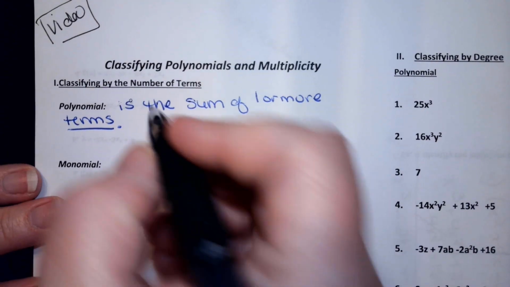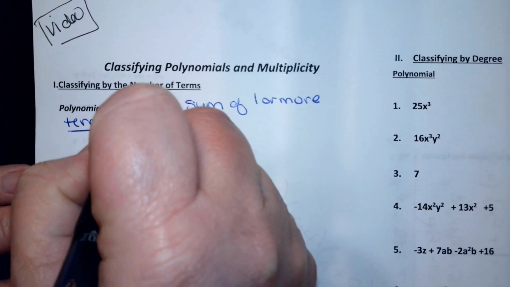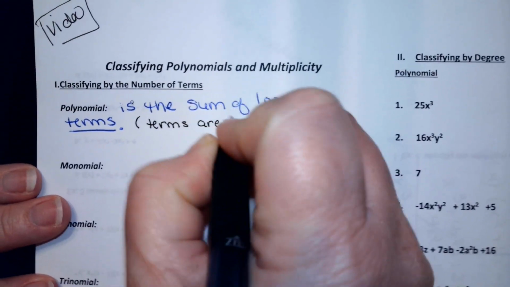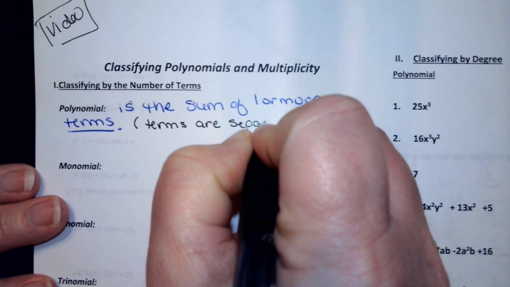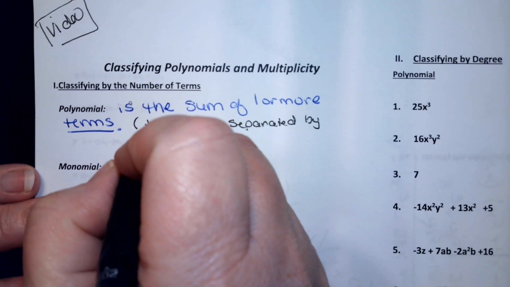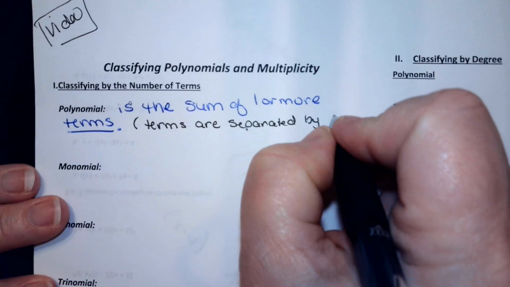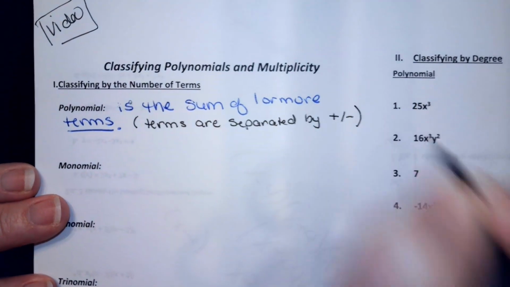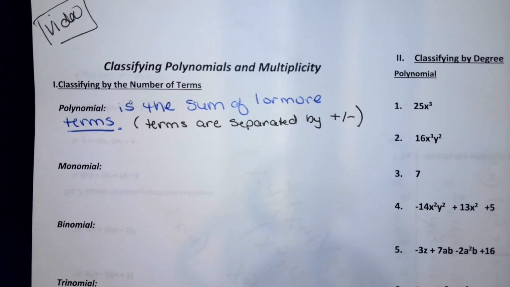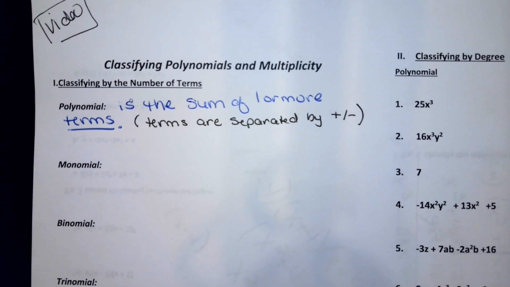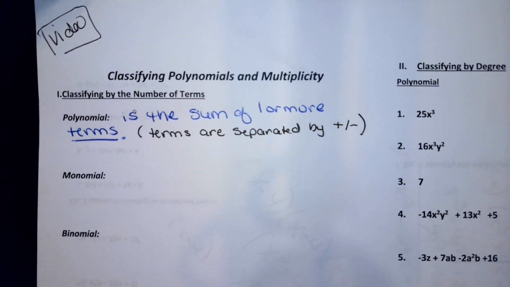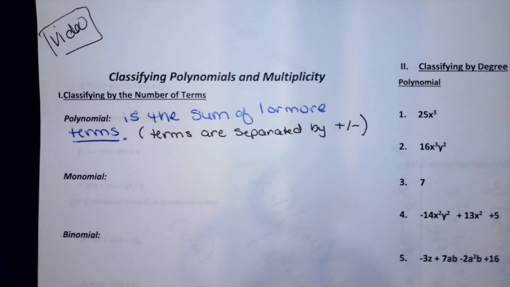Now, speaking of terms, terms are separated by either addition or subtraction. And from time to time, we might run across a problem that says, is the following a polynomial?